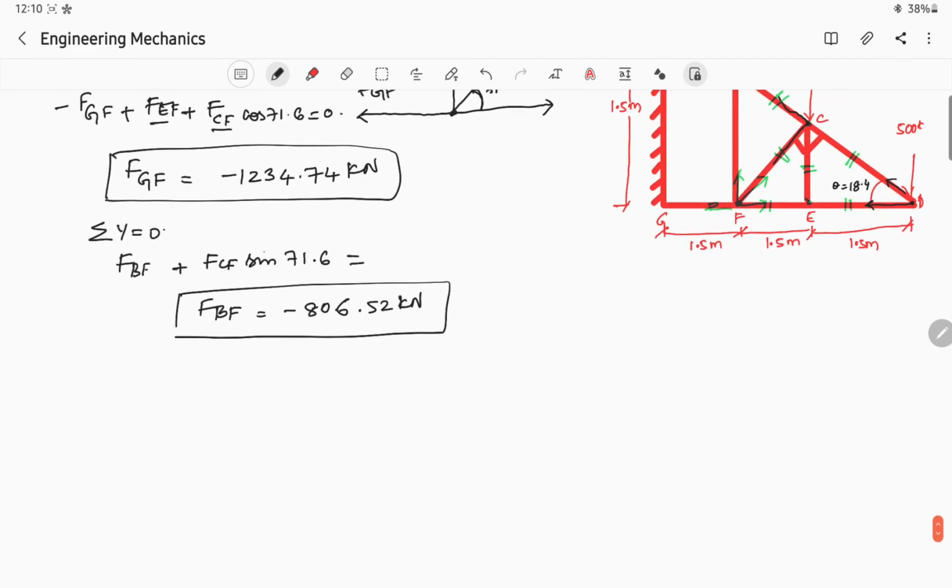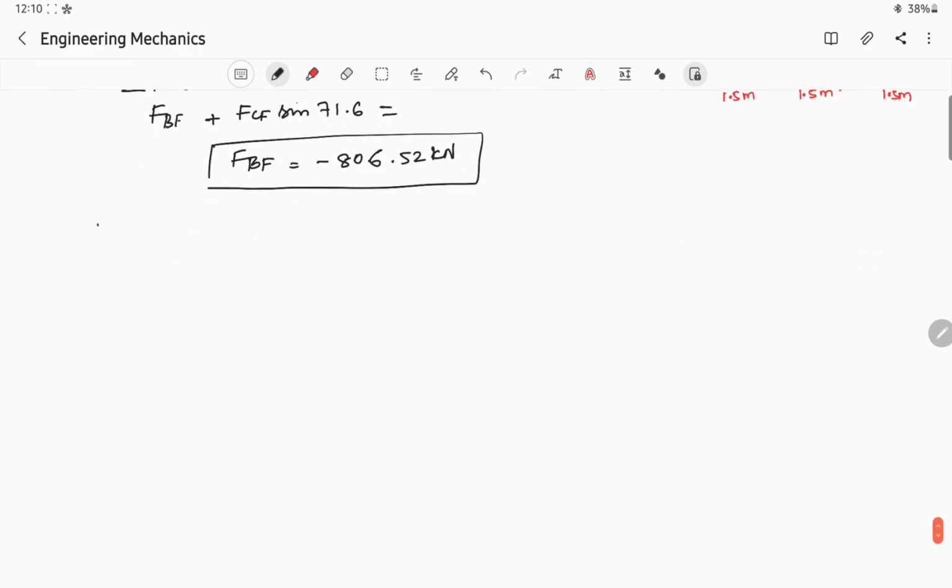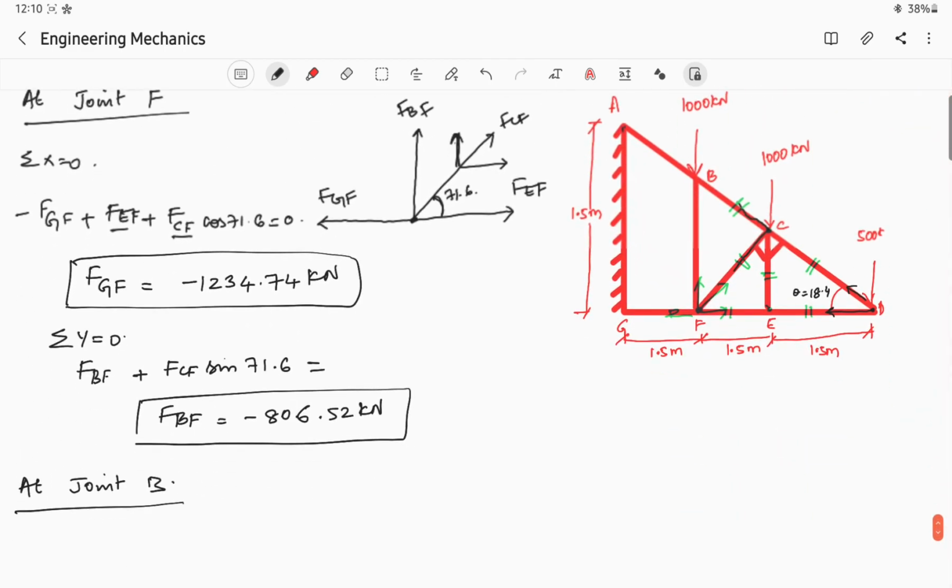Now if you go for joint B, so many forces are acting at joint B, right? How many forces do we have to calculate? We have to calculate only one force, which is force in member BA.